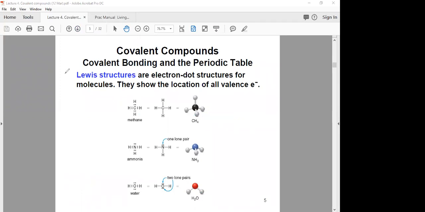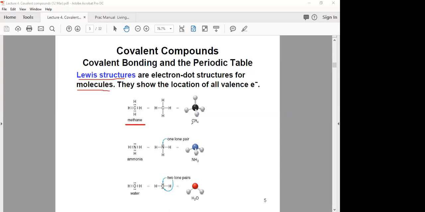All right, on this slide, we're going to look at what are referred to as Lewis structures. These are simply electron dot structures, the same as what you did last week, but these are electron dot structures for entire molecules. So let's see how that works. Here's our first example, methane.